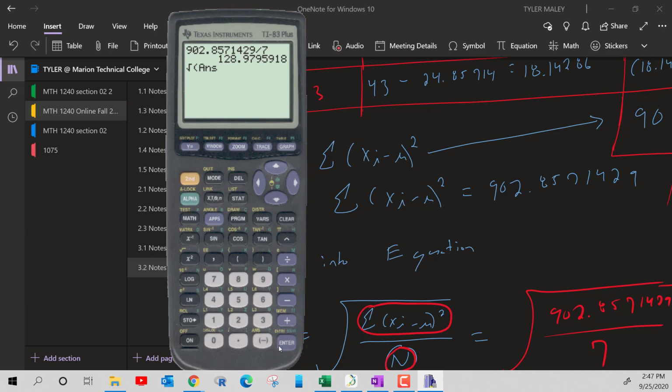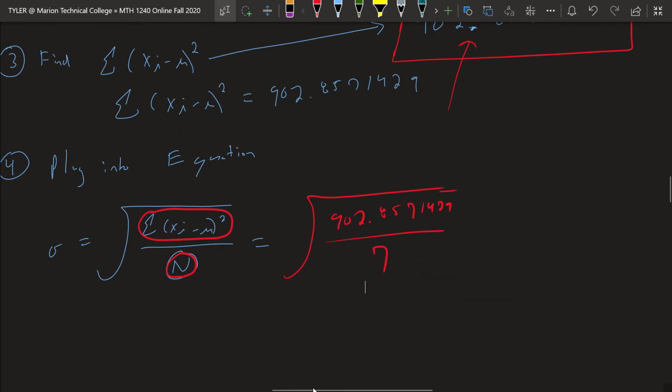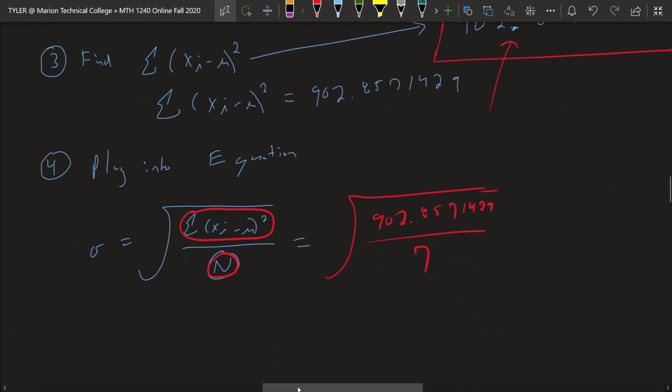Right, so I'm just going to take the square root of the answer, hit enter, and we get 11.3569 roughly, right? So that is the population standard deviation, right? So this would be approximately equal to 11.357, right? And this would also be in minutes. So when you take the standard deviation of a data set, your units are still going to be the same, right?